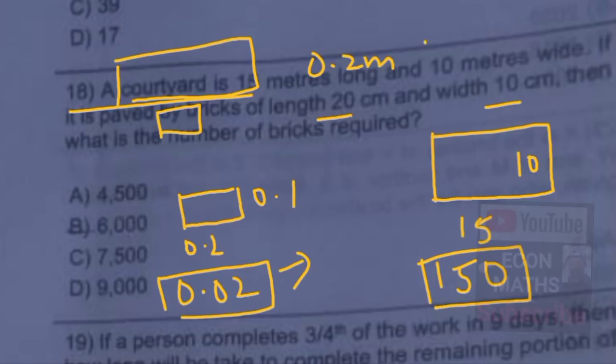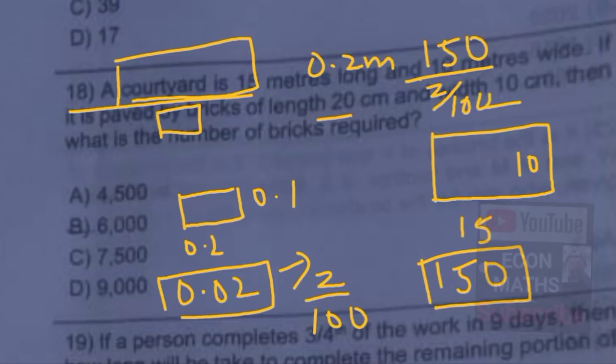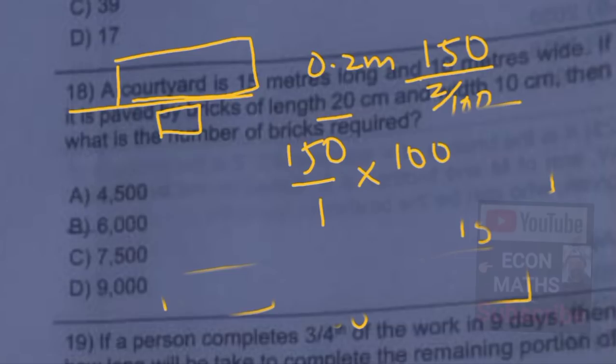So the area of the courtyard is 150 and the area of a brick is 0.02, which is equal to 2 divided by 100. Now when solving this, it is 150 divided by 1, and this will get reciprocated, this will become 100 divided by 2.